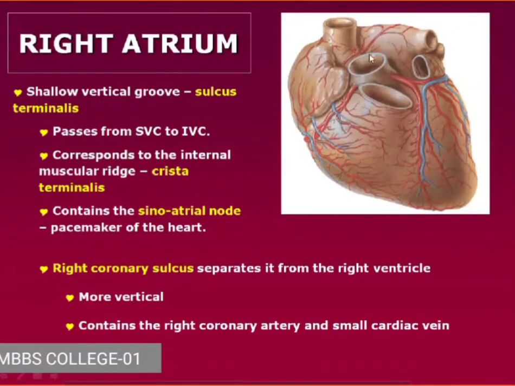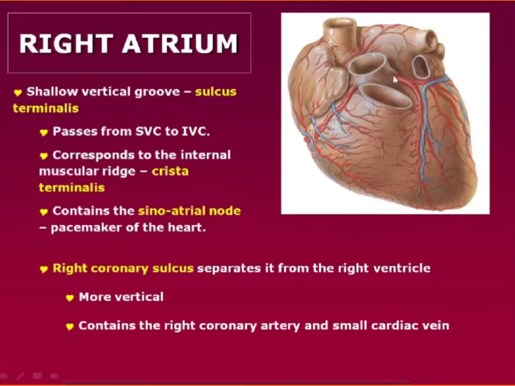The right anterior aortic sinus, the left posterior aortic sinus, and the right posterior aortic sinus. So from the right anterior aortic sinus, the right coronary artery develops. Where is the origin of right coronary artery? From the right anterior aortic sinus.